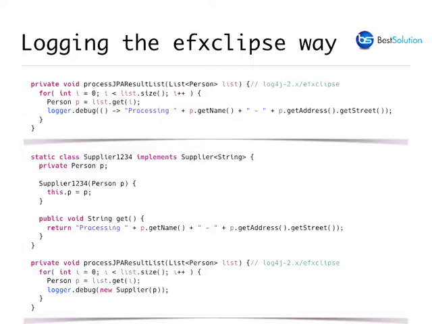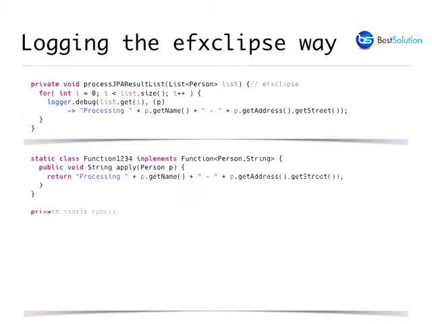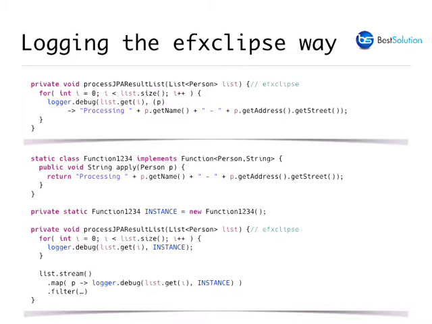So what you're doing here, you create an instance with every loop. If you have a loop with 1,000 entries, you create 1,000 supplier objects all the time. Because when the lambda factory goes out, it creates such a class at runtime, and creates an instance all the time because you're capturing the P. If you compare that to the version with the method, we are not capturing anymore.